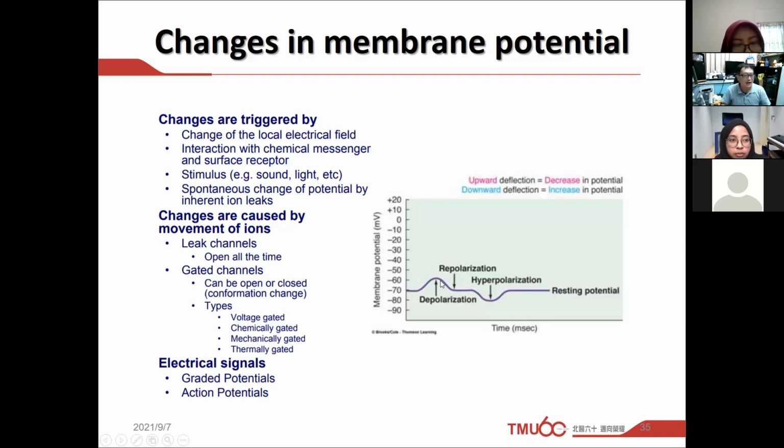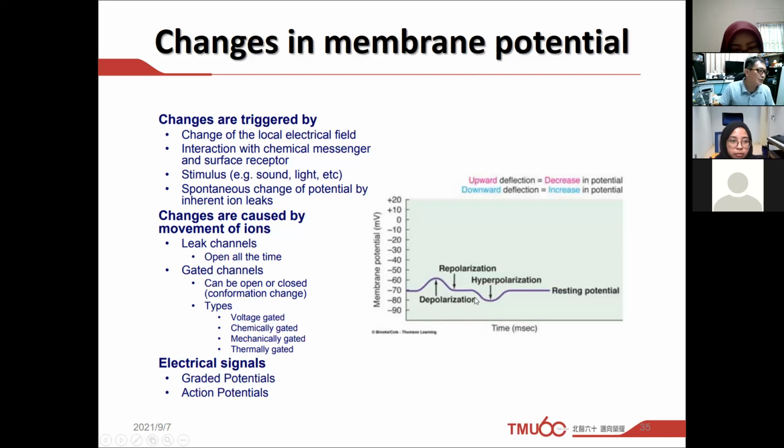This is a 5-second event, okay? Then later on it will decrease. In this curve, we call it repolarization, okay? And later on, it will drop to less than minus 70. And this curve, we call it hyperpolarization.